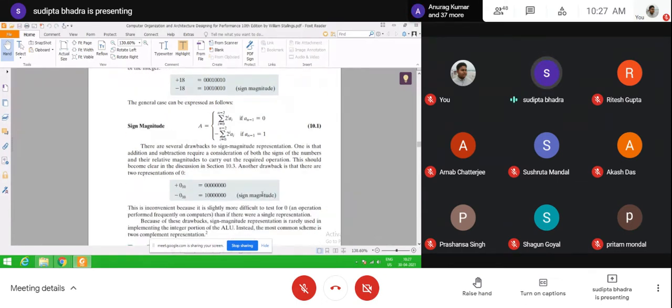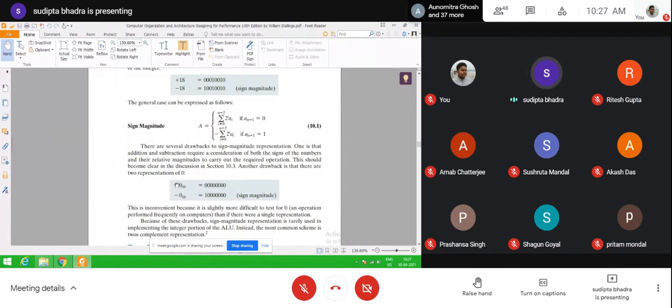Another problem with sign magnitude is that there are two representations of zero. Please follow the highlighted part. Say we are using 8 bits to represent a particular integer.